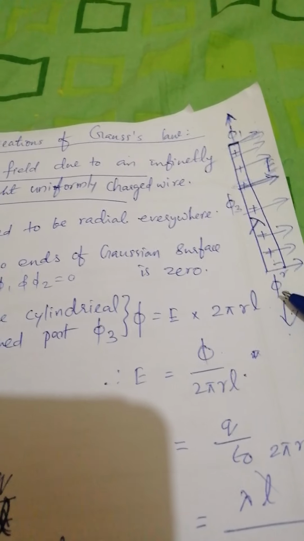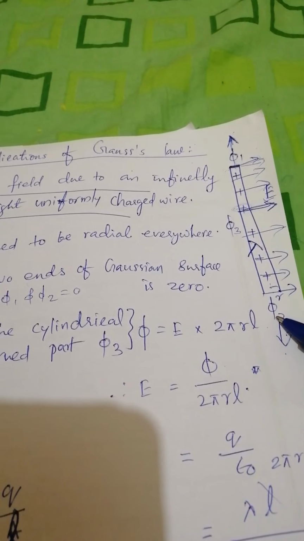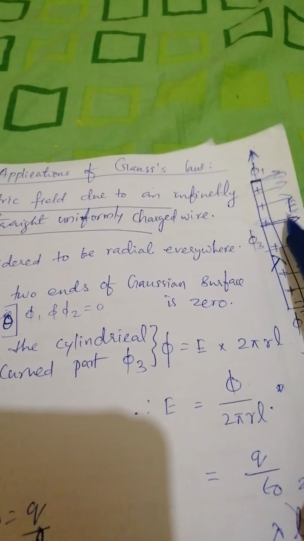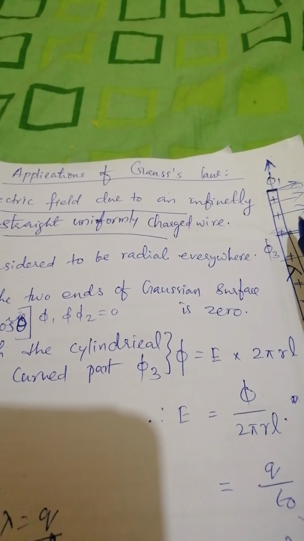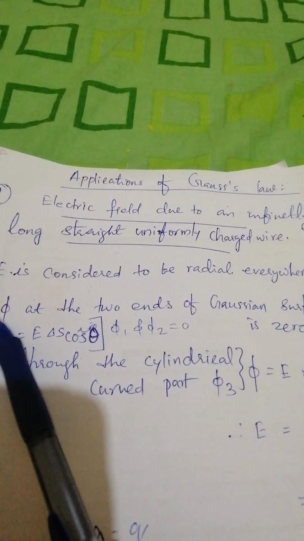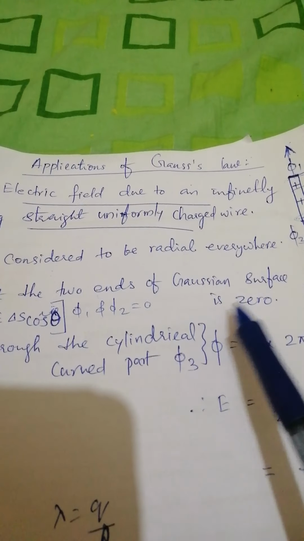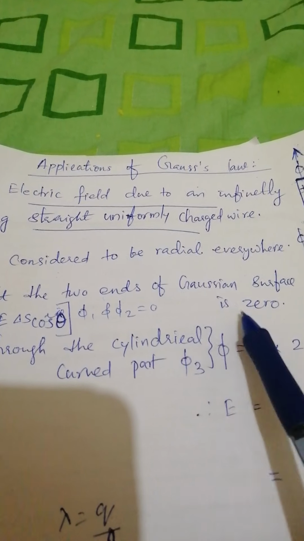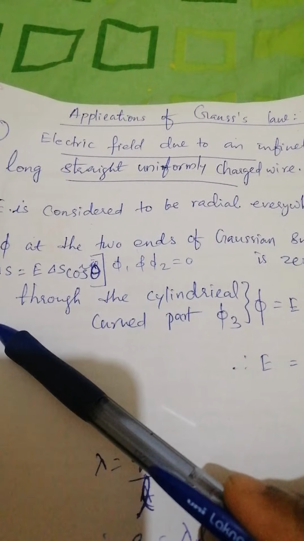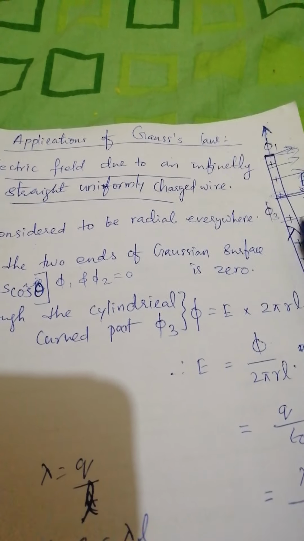Similarly at the bottom also the electric flux is 0, because the electric field is radial everywhere. So the electric flux at the two ends of the Gaussian surface, phi 1 and phi 2, is 0, and there is another surface, the cylindrical surface.